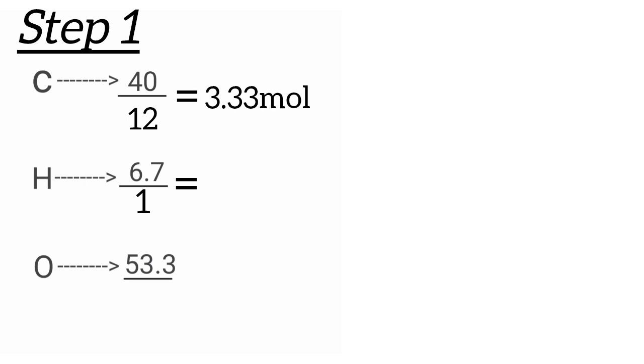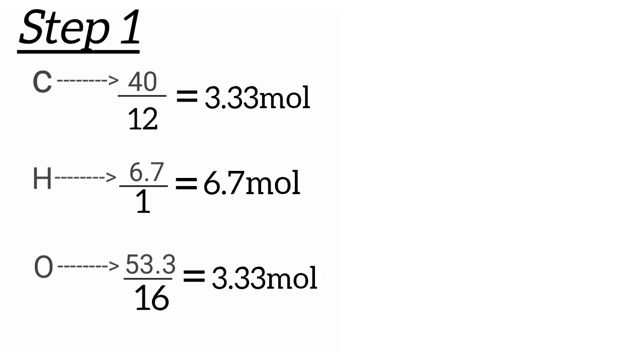So when we divide 6.7 by 1, we get 6.7. Also, we divide the mass of oxygen by its molar mass, which is 16. So when we divide 53.3 by 16, we get 3.3 moles of oxygen.